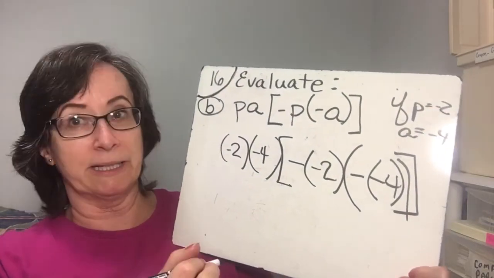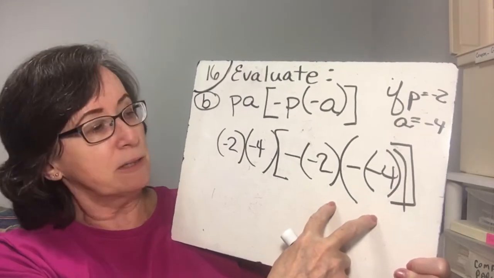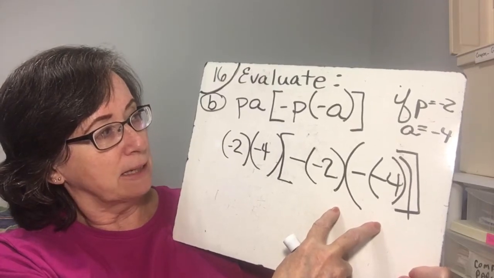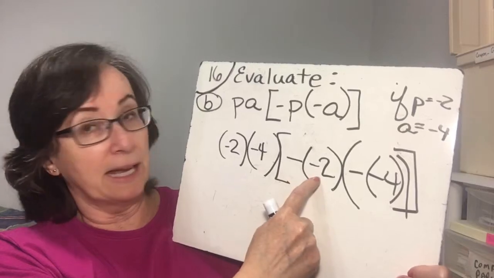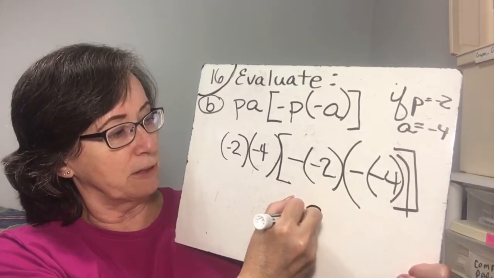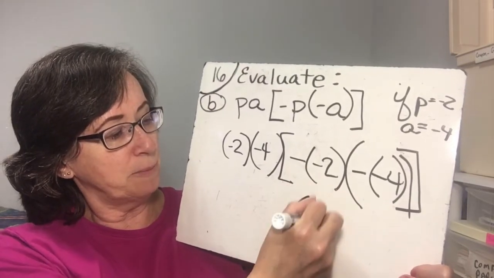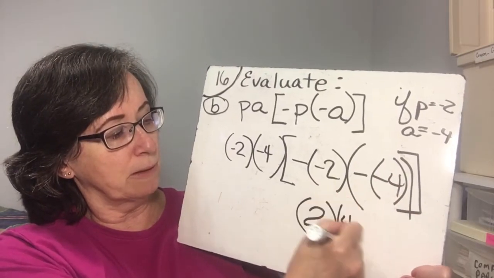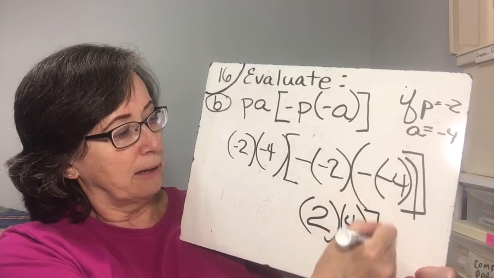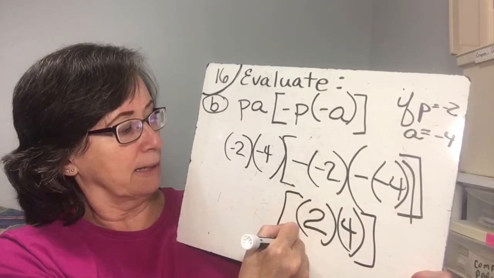So now we're going to go to our innermost, and we've got the negative of a negative 2, which is a positive 2, times the negative of a negative 4, which is a positive 4, and that is in our bracket.